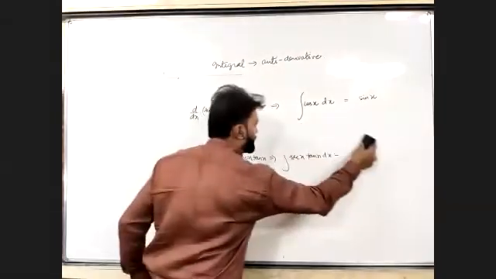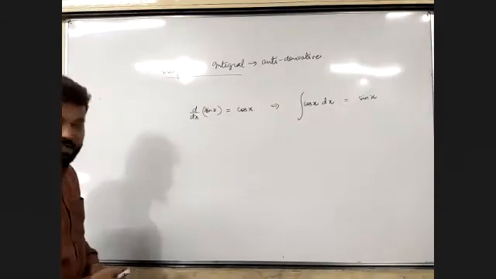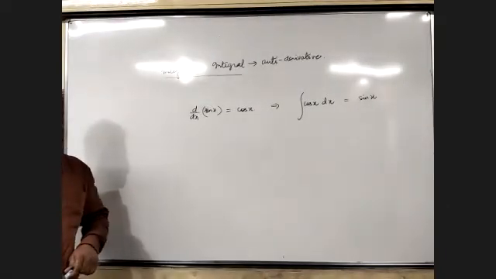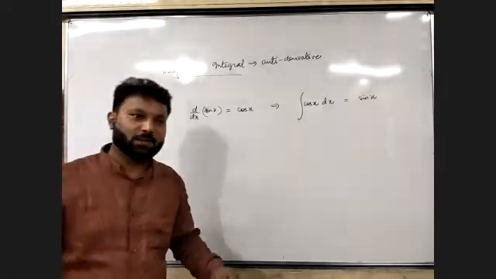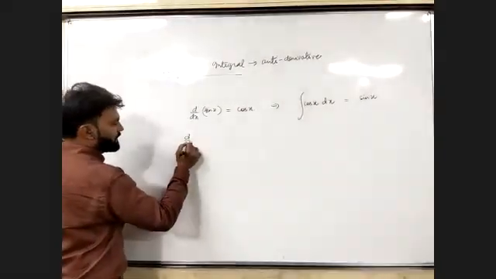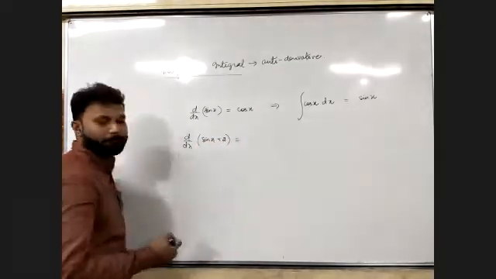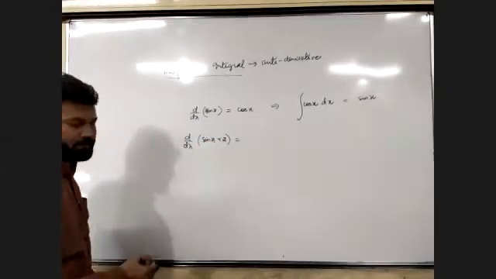Now, look at this example carefully. It's a magic trick. You can prove any two unequal numbers equal with the help of this magical trick. What is d by dx of sin x plus 2? Cos x.